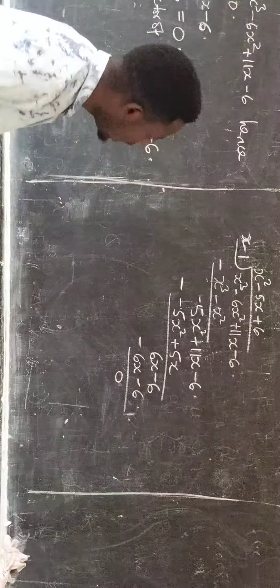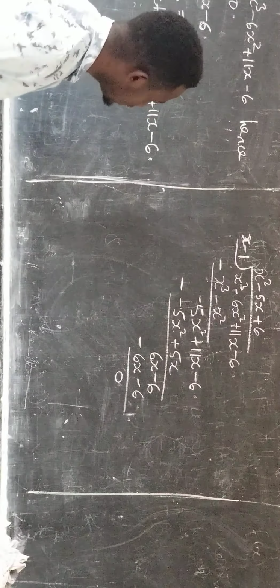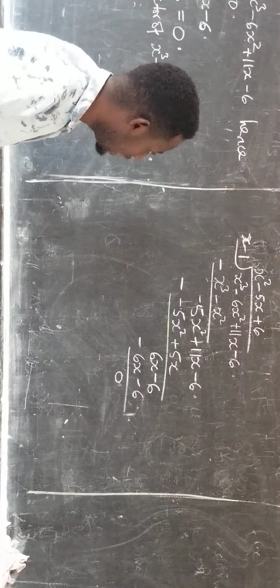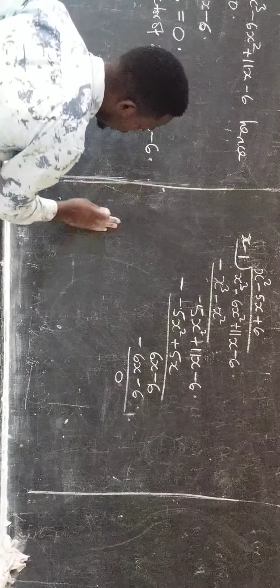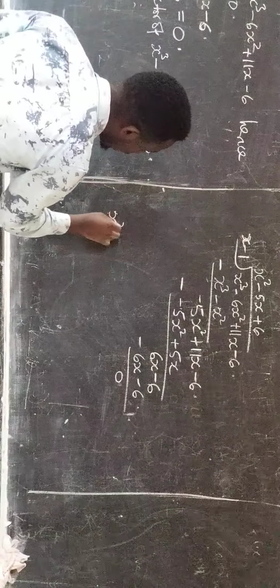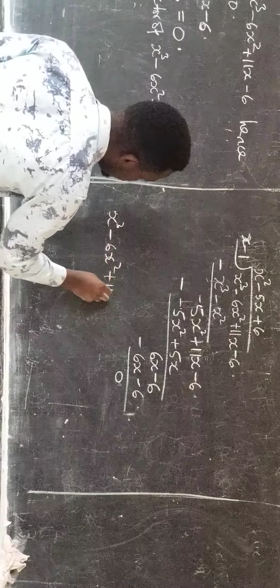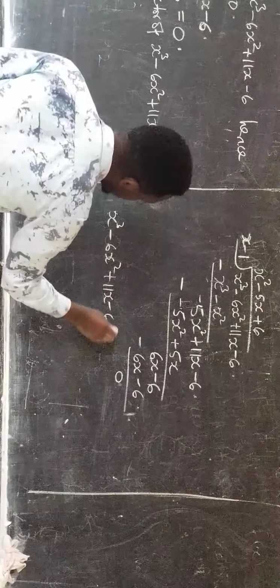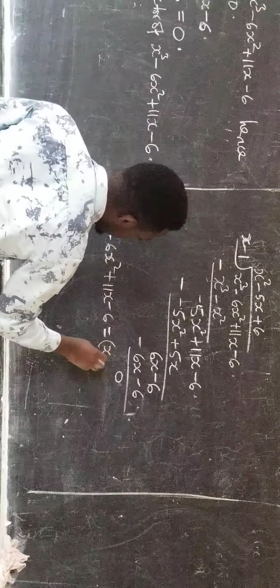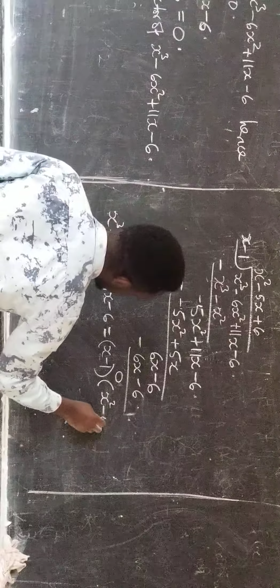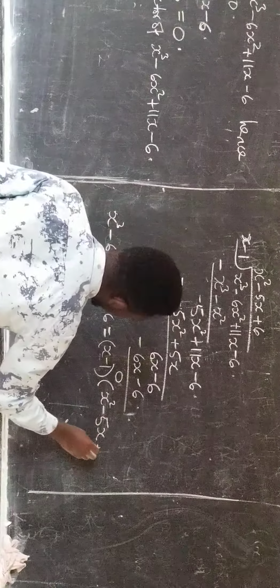That further shows that x minus 1 was actually a factor of that. That simply means that now, in this case, x cubed minus 6x squared plus 11x minus 6 is equal to x minus 1 into x squared minus 5x plus 6.